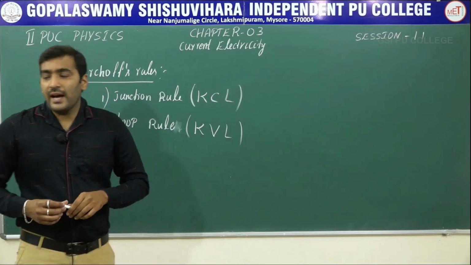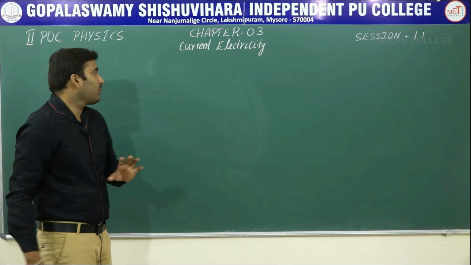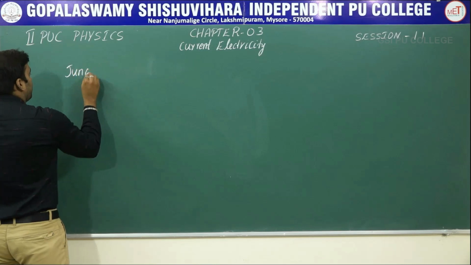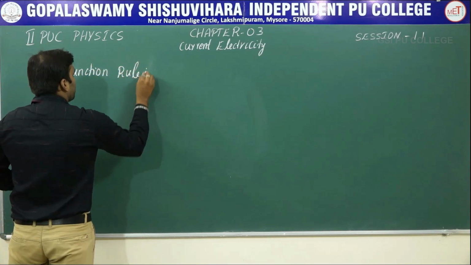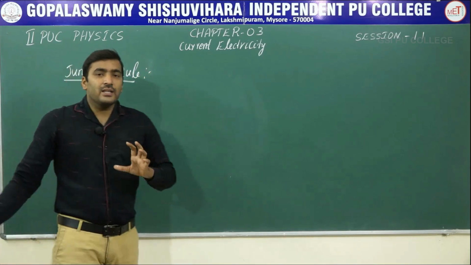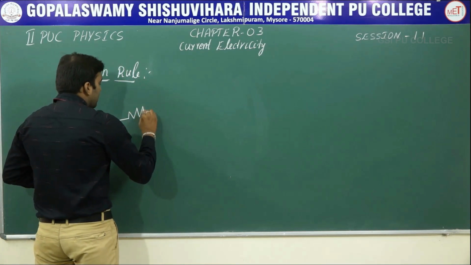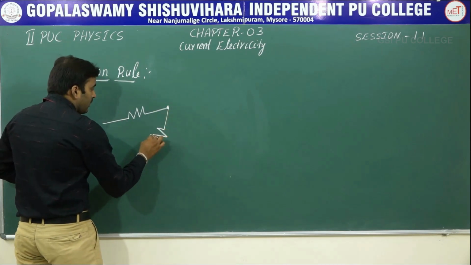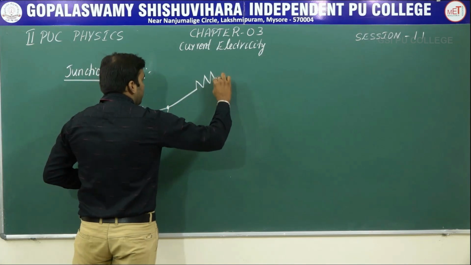Now let us understand one by one. Let me take the first one, that is the junction rule. In order to understand the junction rule, consider three resistors joined like this.